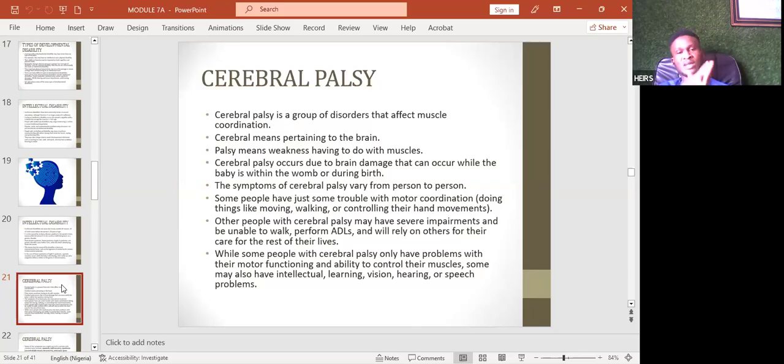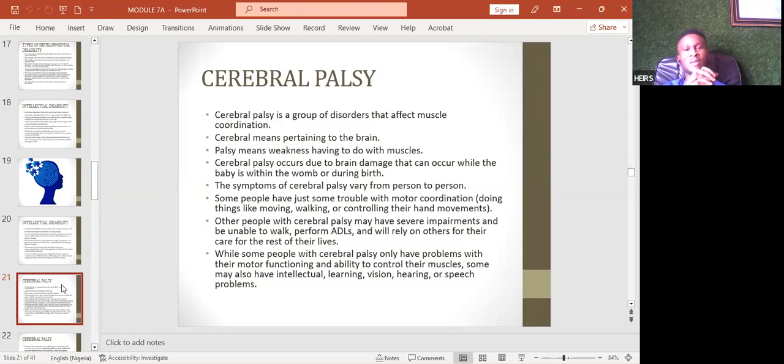For some other persons, some other children may have a severe impairment. Remember, we said that most of these diseases range from mild to moderate to severe. So in some severe cases of impairment, the person may be unable to walk or perform activities of daily living, and they have to rely on others for their care for the rest of their lives.